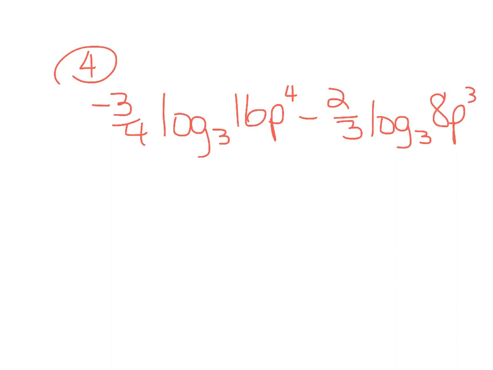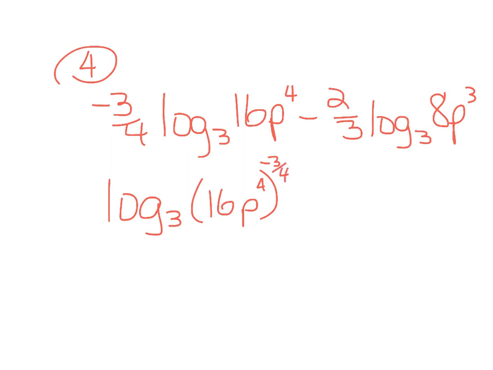Okay, so the first thing I'm going to do is put all these exponents back. So log base 3, and then this 16p to the 4th, this whole thing is going to get the negative 3/4. And then here, log base 3, and 8p to the 3rd is going to get the 2/3.